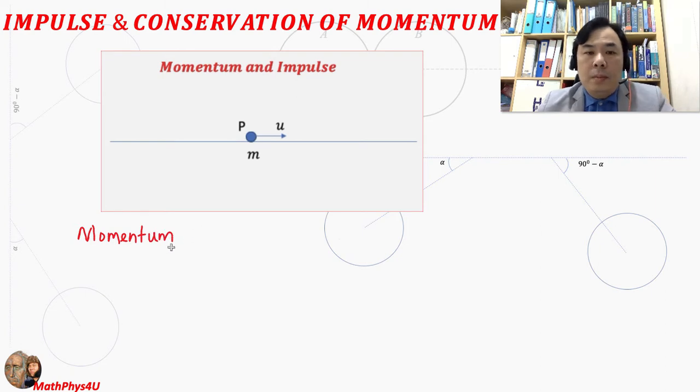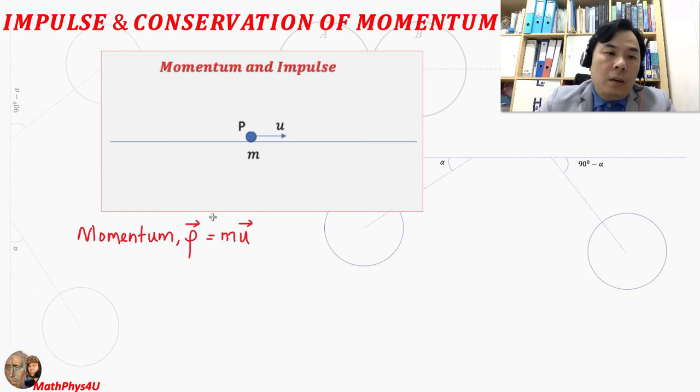As you know, momentum is represented as the product of the mass of the object and the velocity of the object. In this case, we are looking at the velocity u. Okay, and don't forget, this momentum is a vector quantity. So sometimes you can label that as a vector, whereby the velocity itself is also a vector quantity, and then whereby the mass is a scalar quantity.